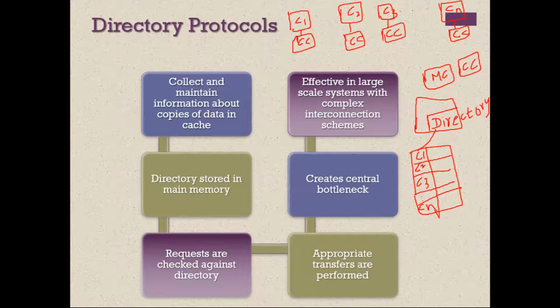It is also the duty of the centralized controller to update the information in the directory. If a processor wants to write to a local copy of a cache line, it must request exclusive access to the line from the controller.